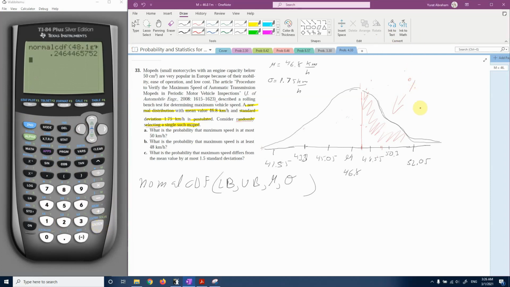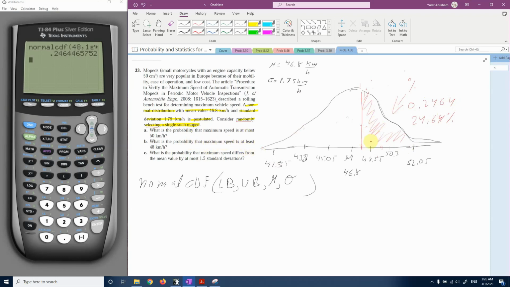So it is 0.2464, or 24.64%. Okay, so that's the probability that the maximum speed is at least 48.